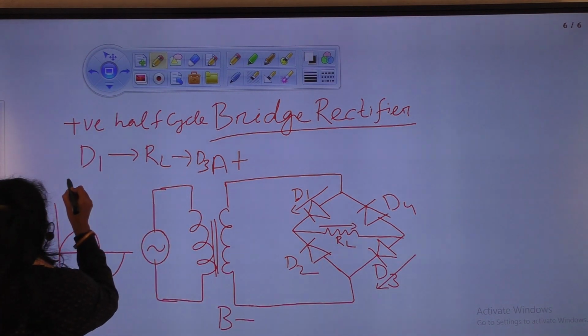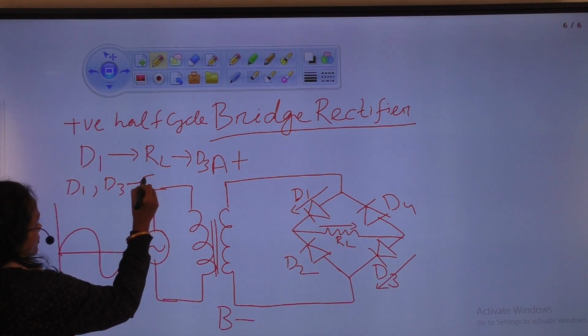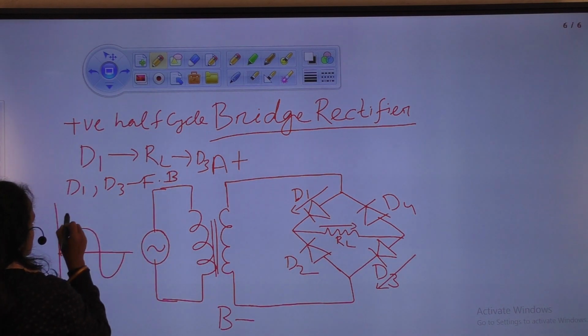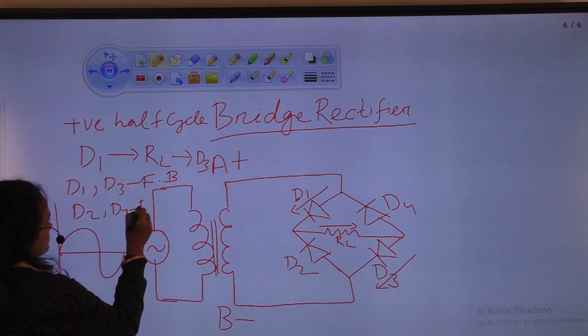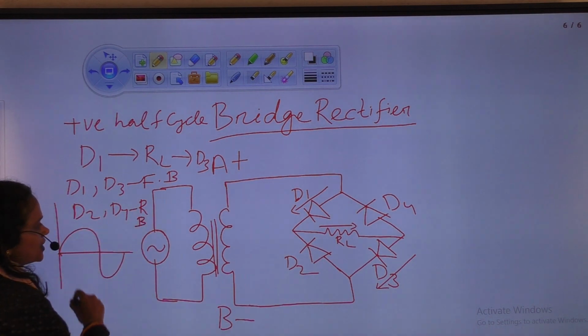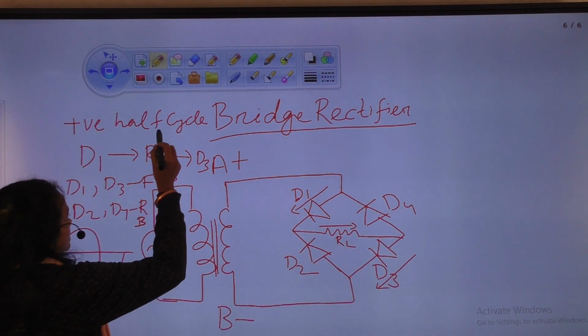So here we can write D1 and D3 are forward bias and D2 and D4 are reverse bias. Okay. Next we apply the negative half cycle.